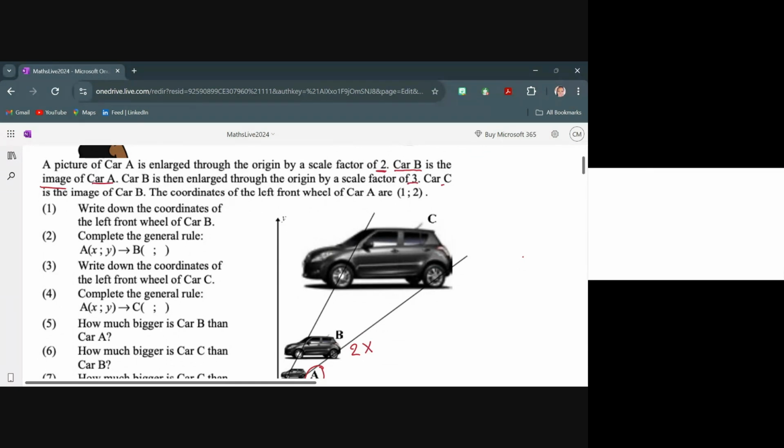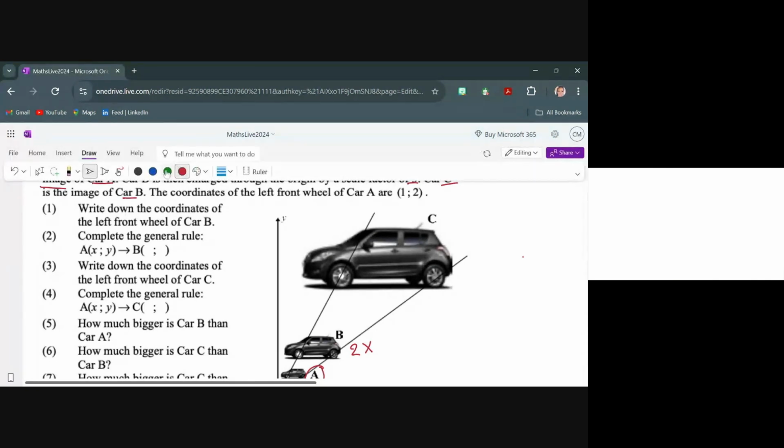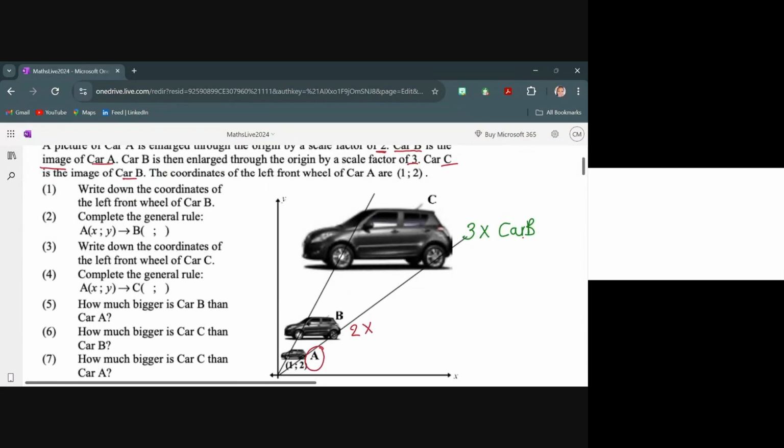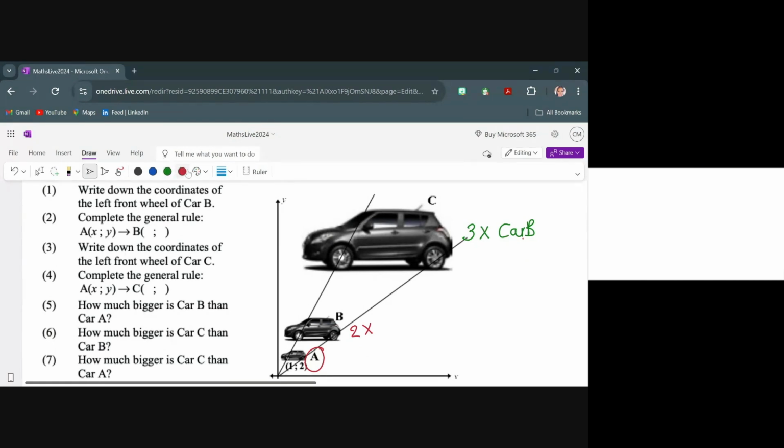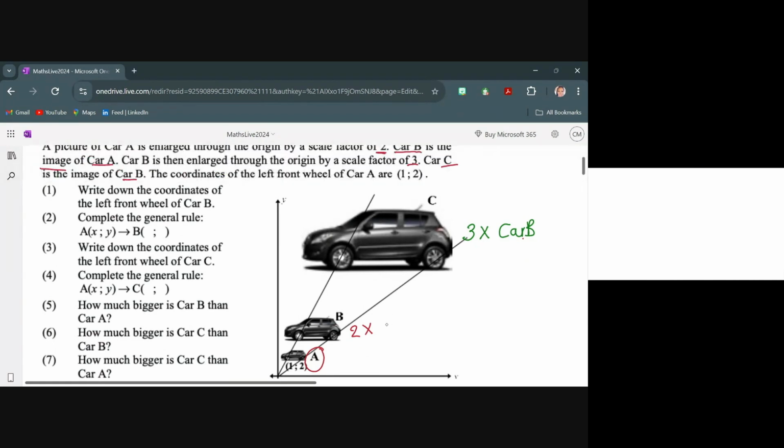And car C is the image of car B. So from car B, I'm going to change colors here quickly. From car B, car C is 3 times car B. All right, thumbs up. Does everybody understand what ma'am has written here? Yes? Let me actually add in a little bit more. Over here by 2 times, I'm going to add 2 times car A. Okay, that's what we're seeing here.